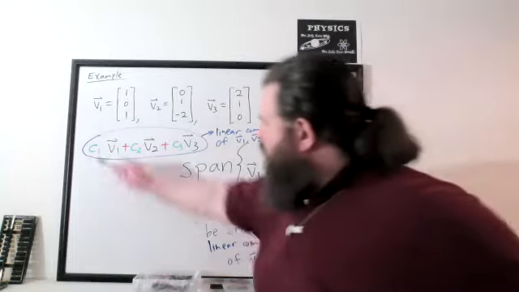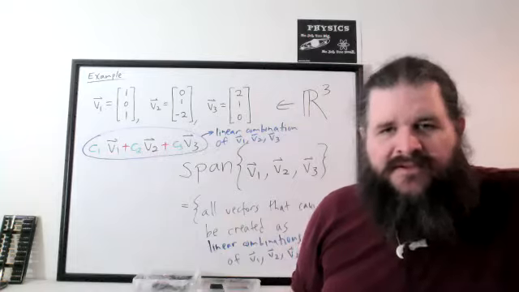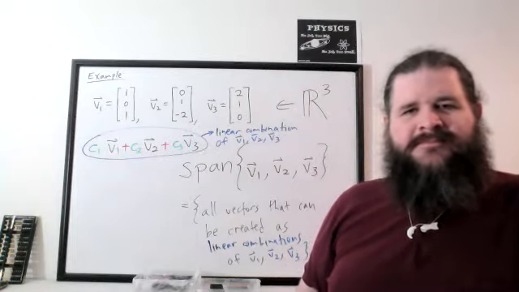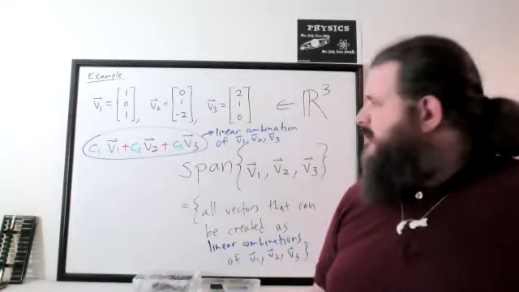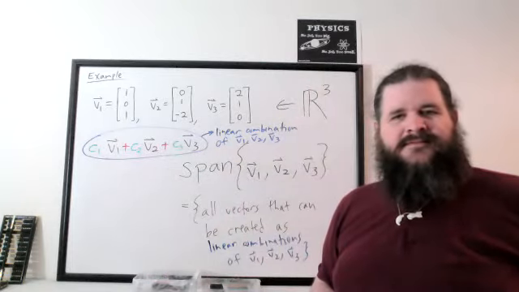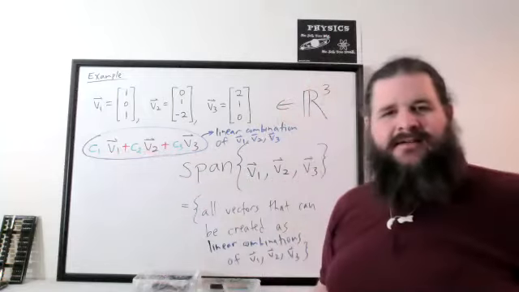Well, what sort of things are these C1, C2, C3 supposed to be? 6? Could we list out all 6 of them? Are there only 6 possible sets of coefficients you could use here? How many possible values could there be for C1, for C2, and for C3?